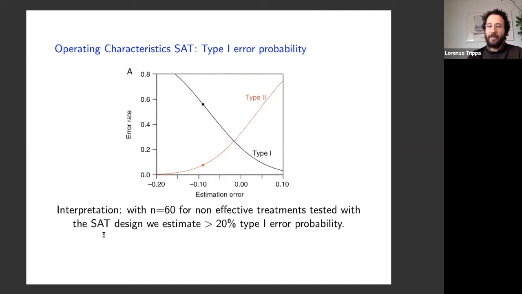And that translates into high type 1 error and high type 2 error when we look at the operating characteristics of single-arm trials.